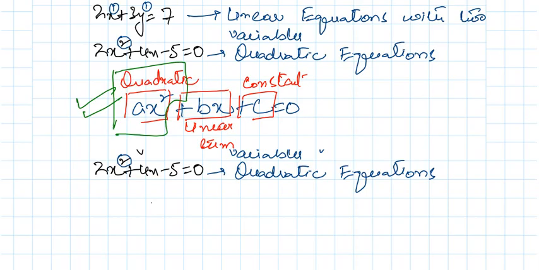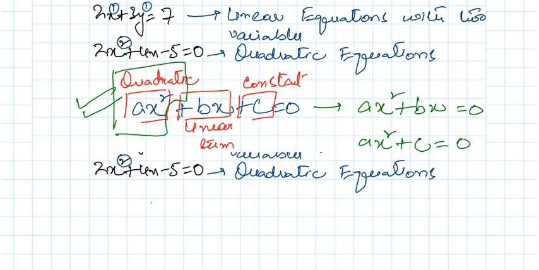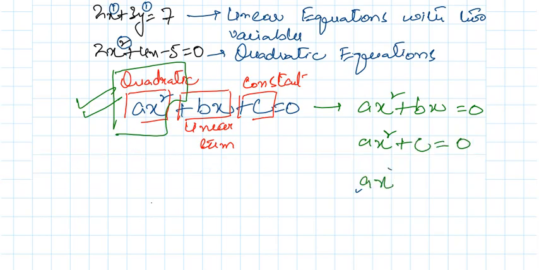So that means the quadratic equations can be of this form as well: ax square plus bx is equal to 0. We can have a quadratic equation of this type as well: ax square plus c equals to 0. And we may have a quadratic equation of this form only: ax square equals to 0.